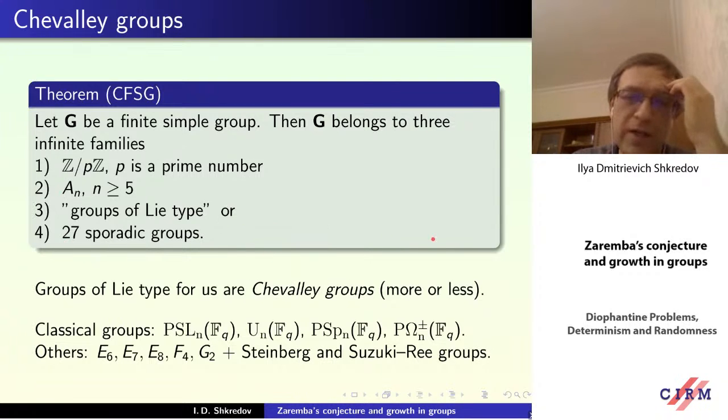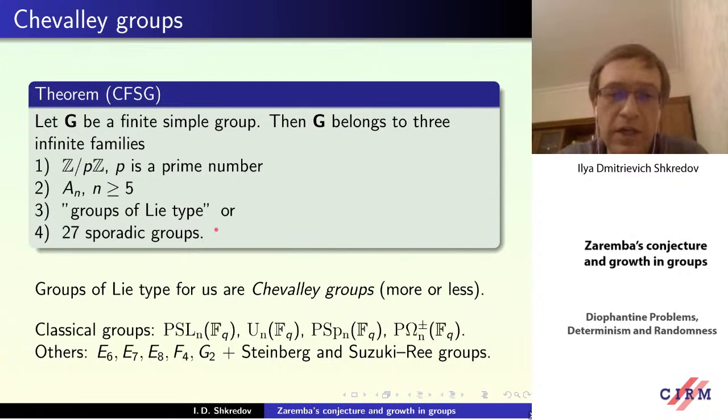For us, we are interested in this third family, the ensemble of groups of Lie type. They are all classified, of course. There are classical groups, SL_n, unitary groups, orthogonal groups, and so on, and there are non-matrix groups, and also some exceptional groups like Steinberg and Suzuki groups.